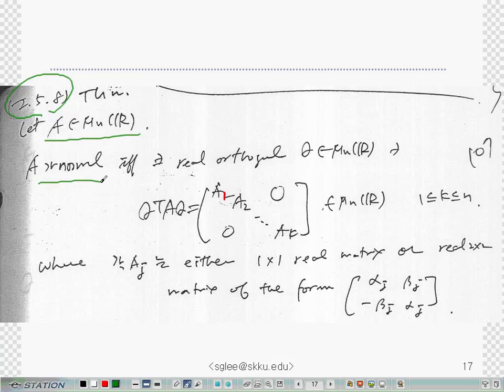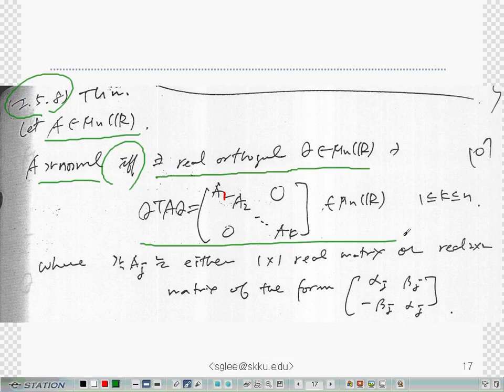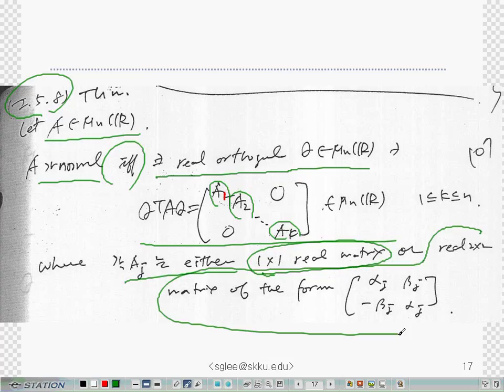Theorem 2.5.8. A is normal if and only if there exists a real orthogonal matrix Q such that this. Here, these A_i are either 1x1 real matrices or 2x2 real matrices of this form.